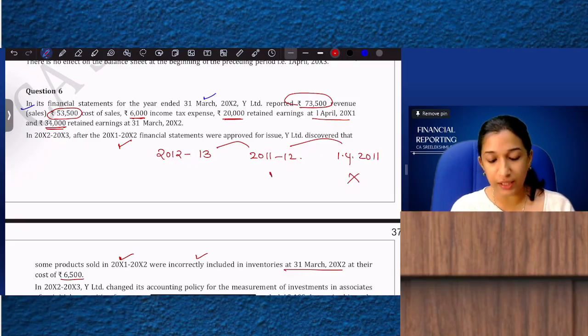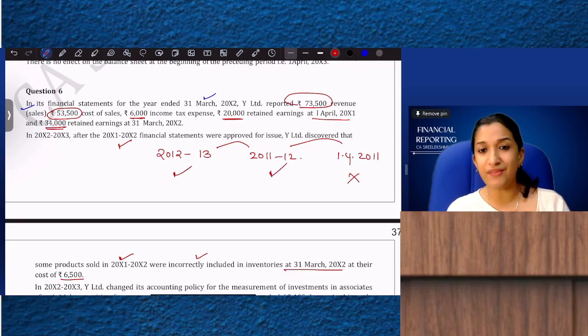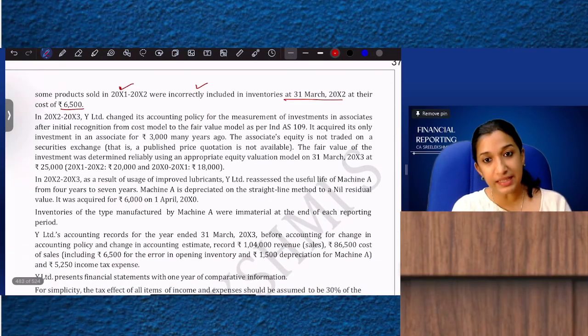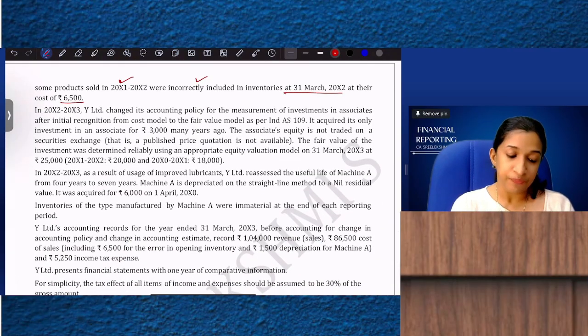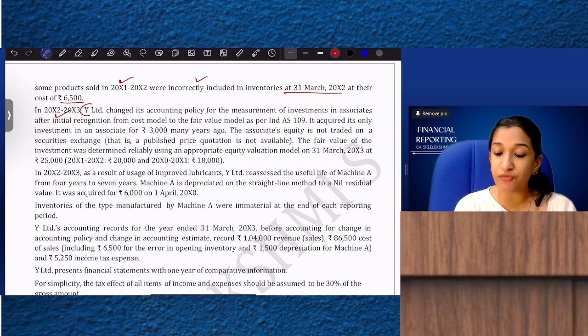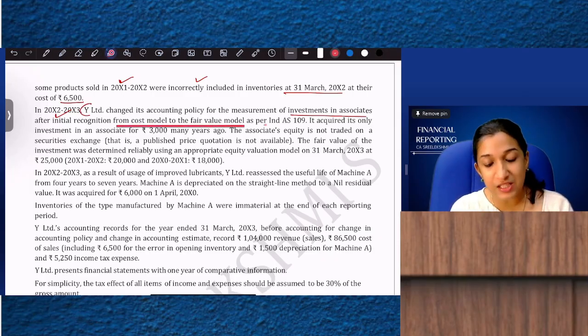So here we will do the corrections in 11-12 and accordingly 12-13 will be corrected. Okay, that we have already seen. Fine. In 12-13, Y Limited changed its accounting policy for measurement of investment in associates after initial recognition from cost model to fair value model as per Ind AS 109.